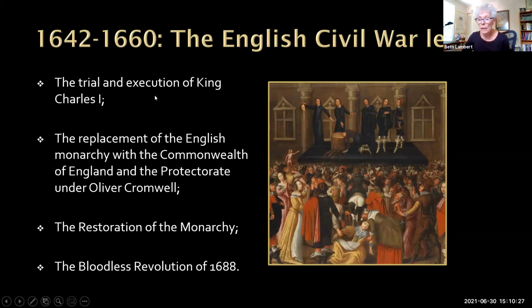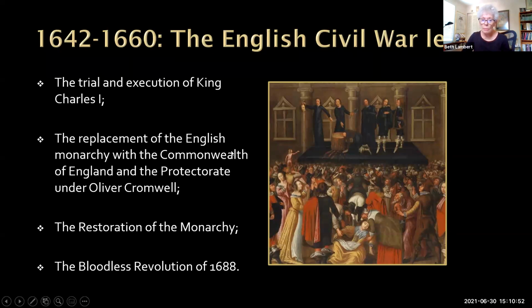Also, the king was married to a French Catholic, and both of those things were a sore point. So they put him on trial for not calling Parliament, for being a traitor to the English Commonwealth, or ideas as it was then.